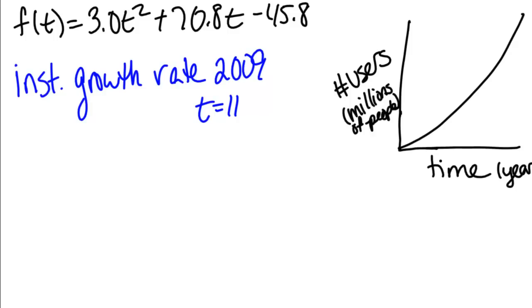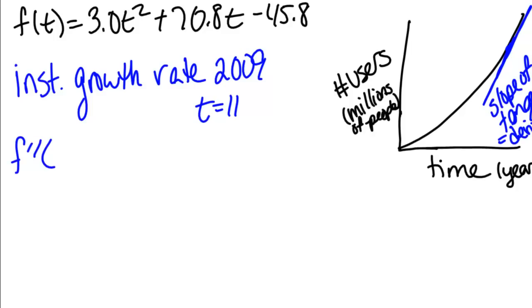So instantaneous growth rate is the same as the instantaneous rate of change, which is the same thing as the slope of the tangent line. So the slope of the tangent line is our derivative. So our derivative is f prime of t.